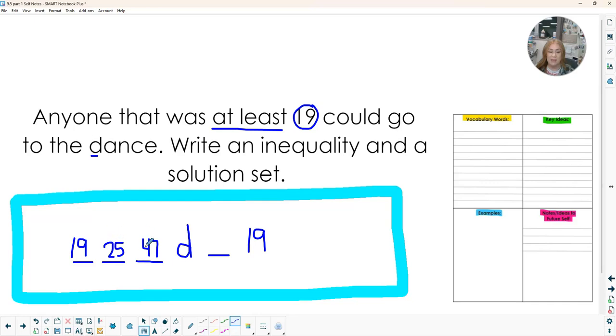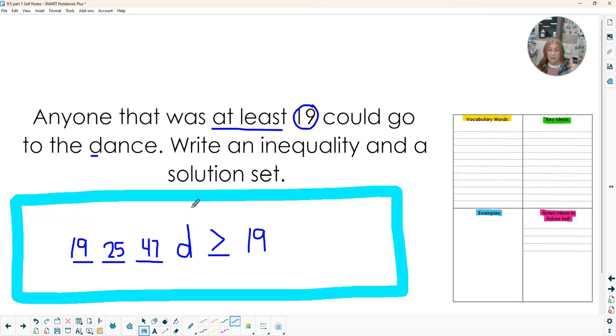And then I'm noticing that these are greater than 19. So if I'm comparing it, these are greater than 19. 19 is less than. So if I read my inequality, D is less than, sorry, I said that backwards. D is greater than or equal to 19. So anyone who is equal to 19 or older can go to the dance.